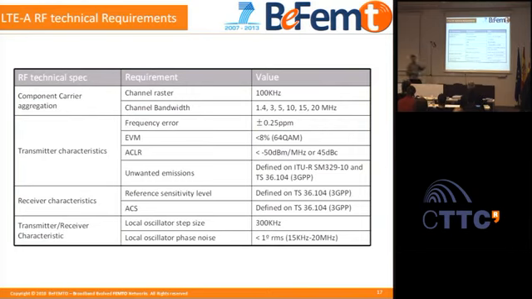This is the step for the frequency placement. That means that if you want to transmit at one frequency, it has to be a multiple of 100 kilohertz. That's very important. The channel bandwidth is scalable, as defined in LTE. For the transmitter characteristics, we are going to go deeper one by one in the next slides.